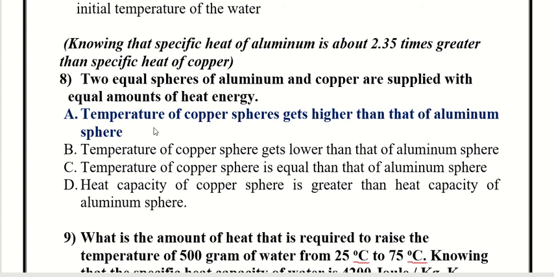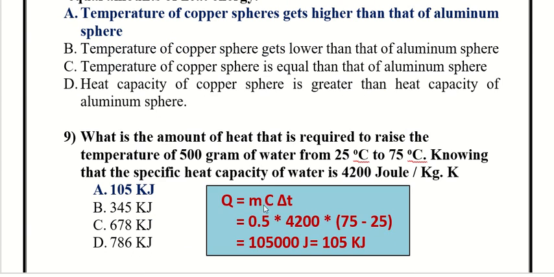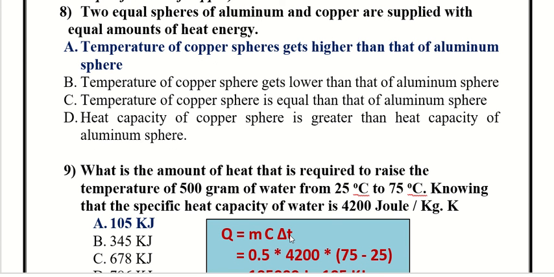So the temperature of the copper sphere must be higher than that of aluminum. In this relation, aluminum has a larger specific heat capacity, so the temperature must be lower.